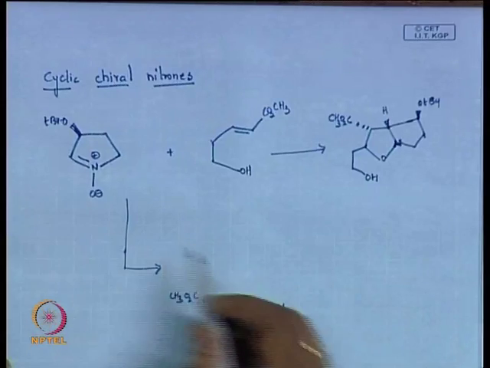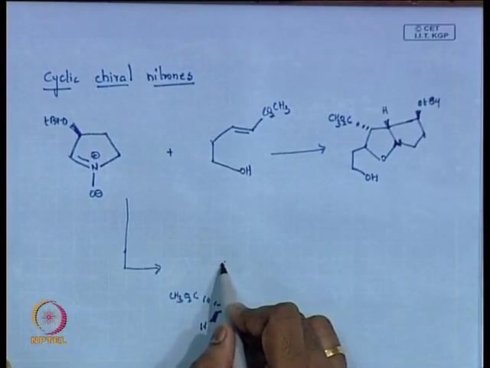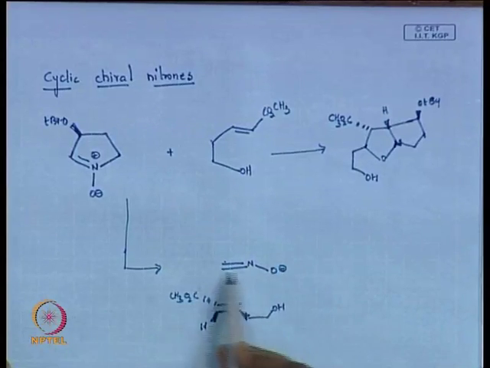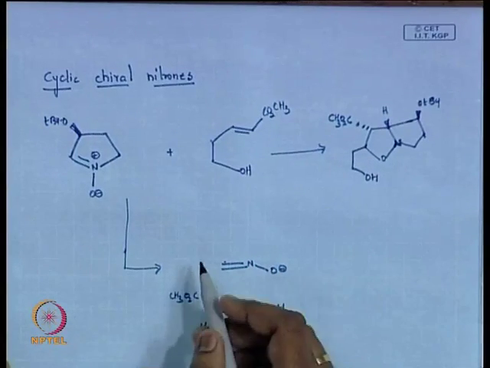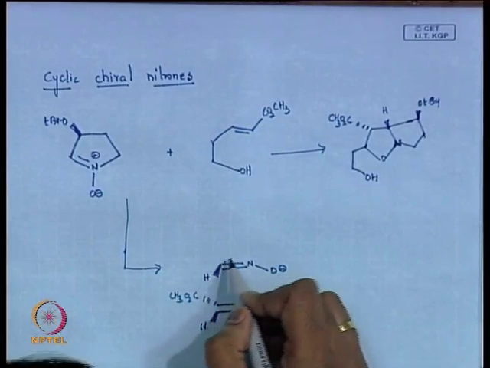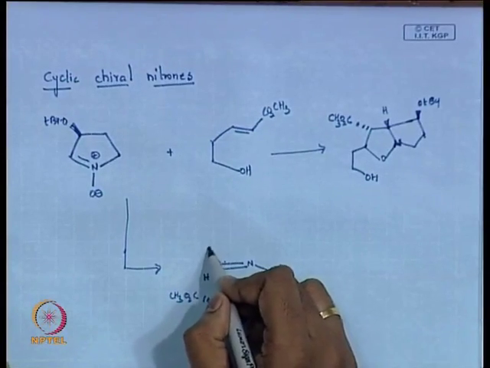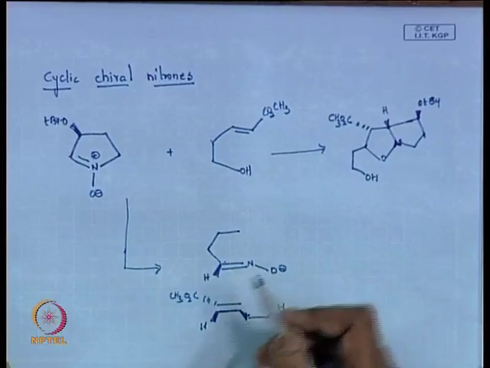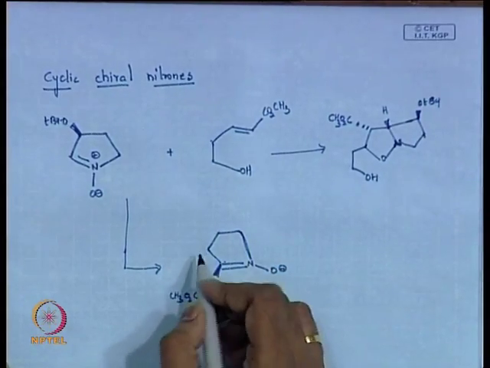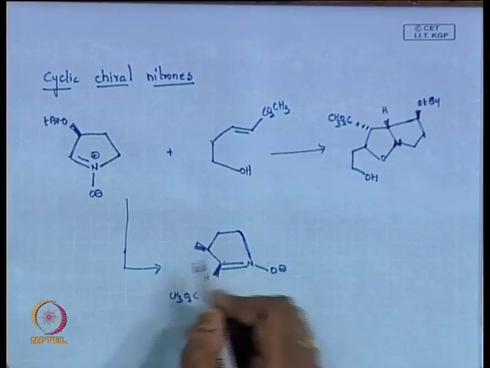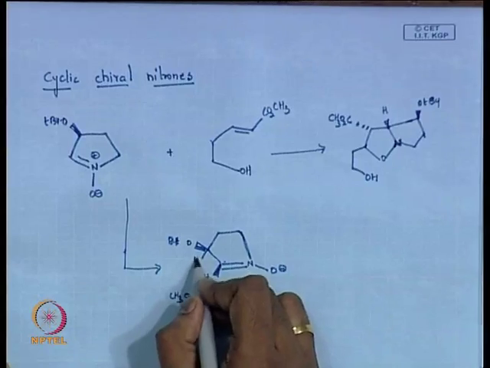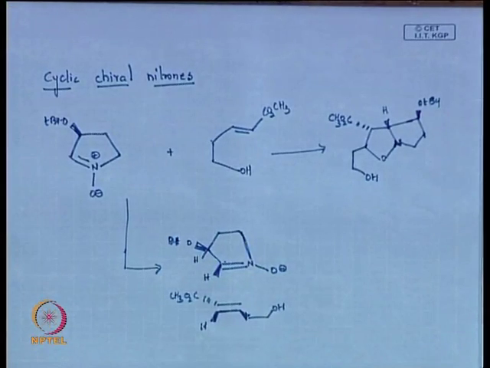Same way I can draw for your nitrone, similar, because this is the one which is going to do your dipolar cycloaddition. First you draw that one, fix that part first, then you can have your chirality there, or tertiary butyl with a hydrogen, fine.